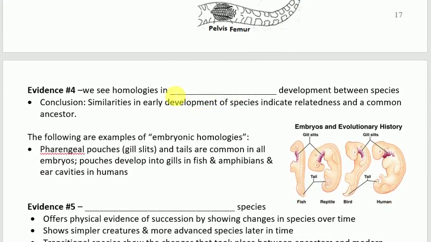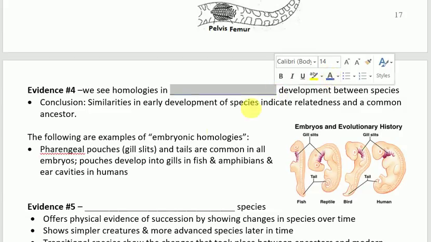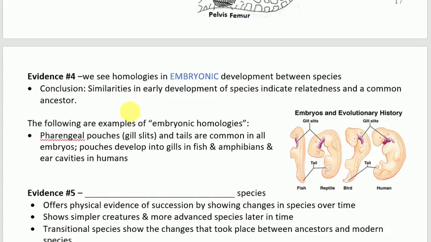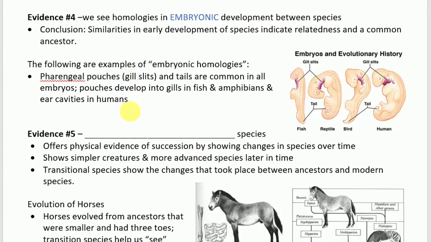Evidence number 4. We see similarities in embryonic developments between species. So we can conclude that those similarities in early development indicate relatedness and a common ancestor. So an example is, for instance, the pharyngeal pouches or gill slits.